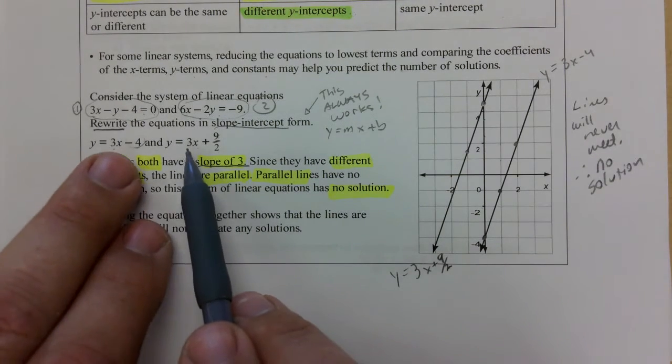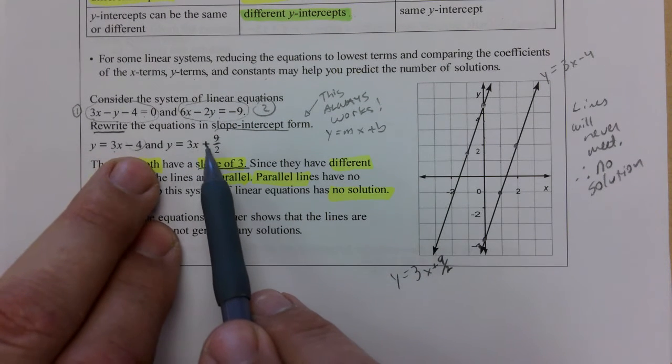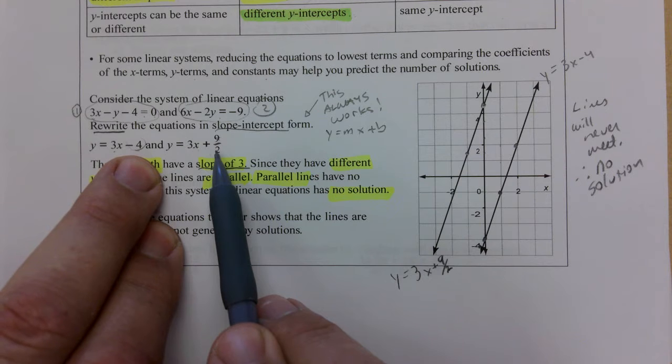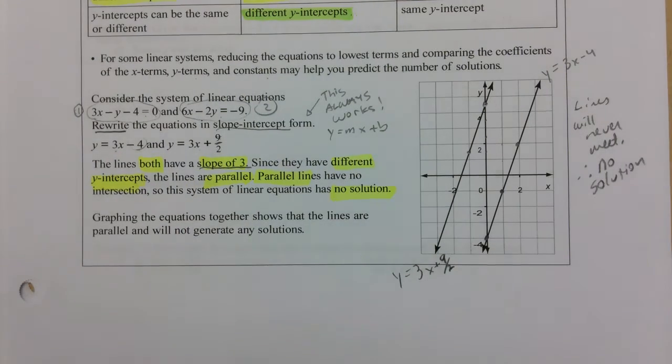But if you just look at the equations, same slope, different y-intercepts. We're talking about two separate lines because they have different y-intercepts and they have the same slope, so they will never meet. So there's your walkthrough to that one.